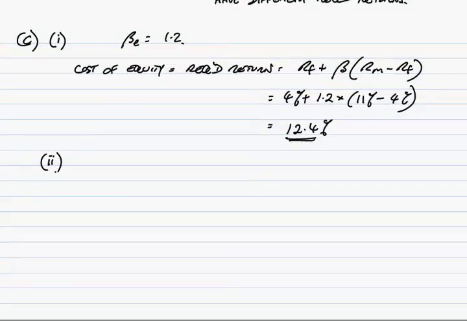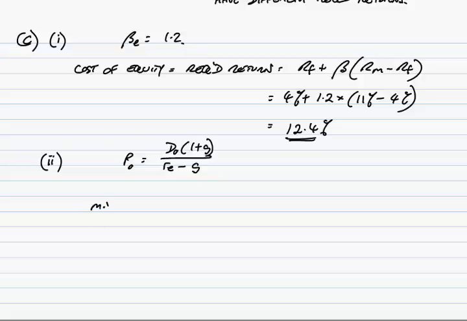Part 2. The ex-dividend share price using the dividend growth model. Well, from the formula sheet, P0 is D0 times 1 plus g over Re minus g, where P0 is the market value.